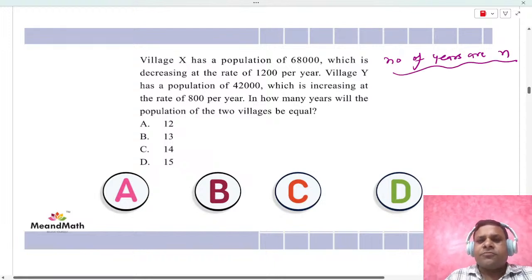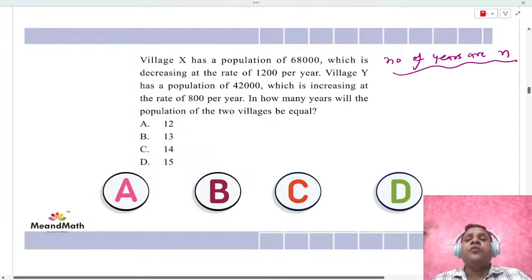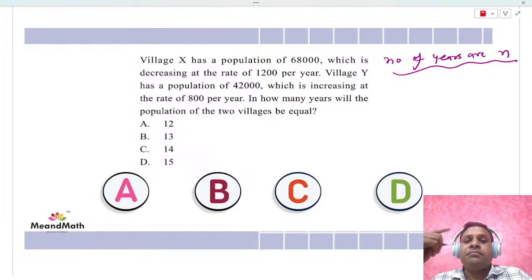So if in 1 year 1200 people decreased, in n years how many people will decrease? It's 1200n. Similarly, 800 per year increasing in village Y. So in n years how many persons will increase? It's 800n.